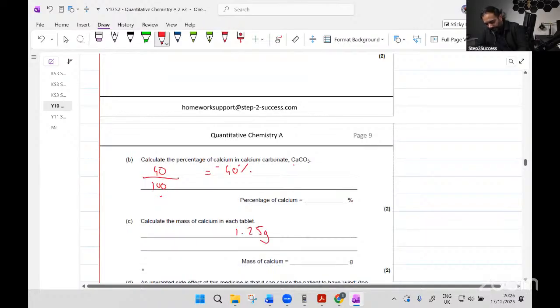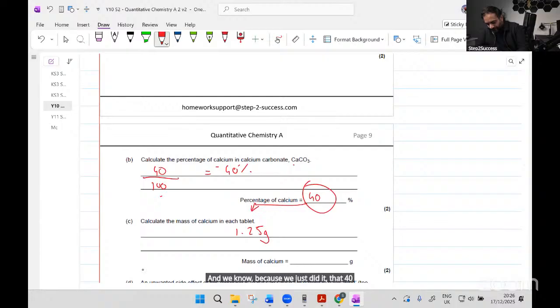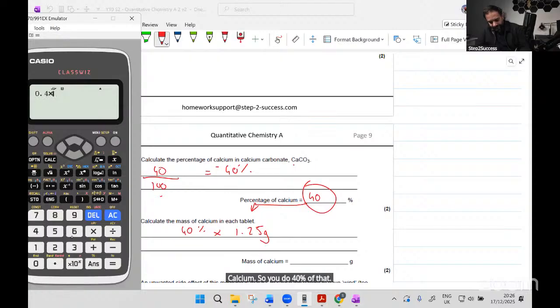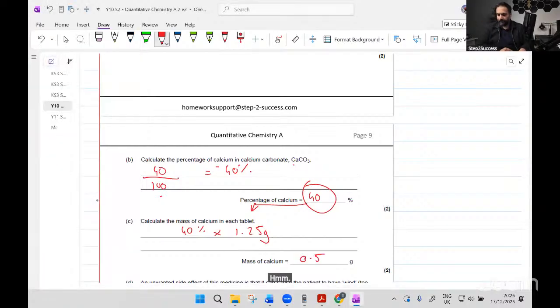And we know, because we just did it, that 40% of any tablet is calcium. So you do 40% of that. Therefore, in that 1.25 grams, 0.5 grams is made up of calcium.